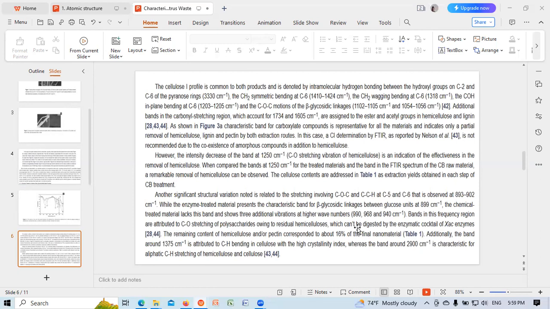The CH2 wagging bending at C6 is at 1318 per cm. The COH in-plane bending at C6 is at 1203 to 1205 per cm, and COC motion of the beta-glycosidic linkage at 1102 to 1105 per cm and 1054 to 1056 per cm.